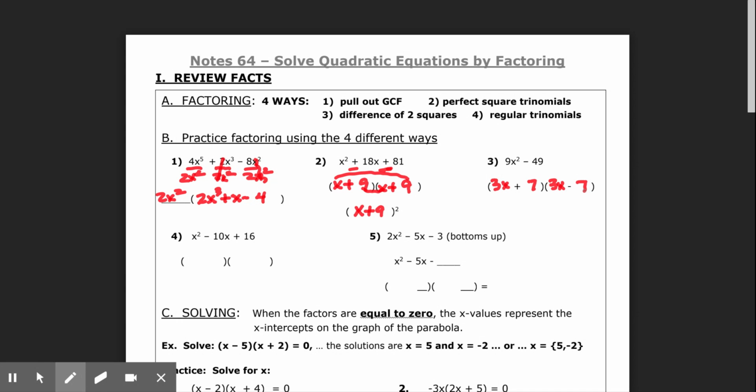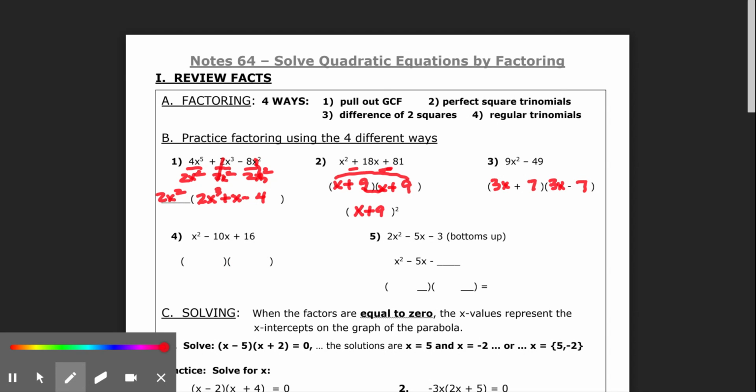But when you check it by doing outside inside, for instance, if we did x minus 4 and another x minus 4, that would be a perfect square trinomial, we think. However, when you test it by doing the outside and inside terms, it gives you negative 4x and negative 4x, which is negative 8x. So this is not a perfect square trinomial. This is going to be a regular.